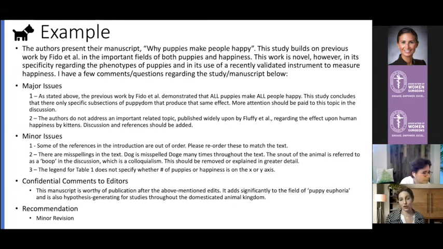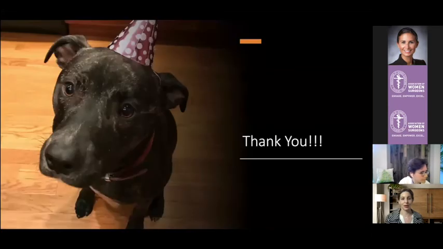Even the major issues are easily amended. You're not going back to the data harvesting to do these major revisions. And your minor issues are also pretty easily addressed. So with that, I will thank you for the inspiration for my example, and I will hand it back over to the rest of the group.